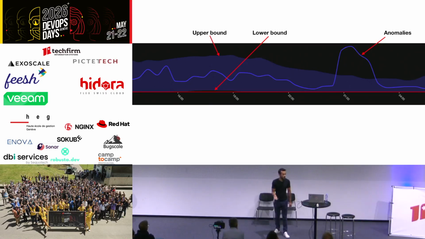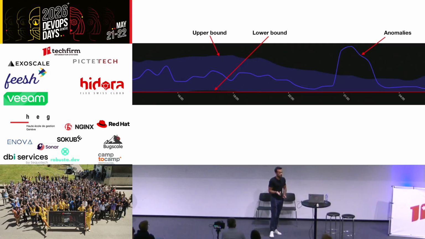When the observation is within the bounds, all good. When it's outside of the bounds, this is called an anomaly. And this we can easily detect. So this is how we can detect in real time anomalies for all of the functions from the spans and traces we receive.